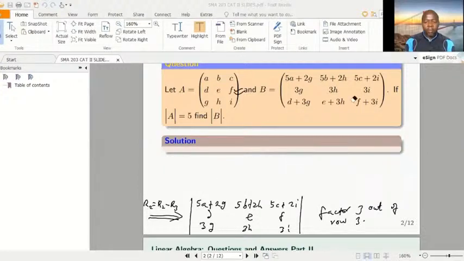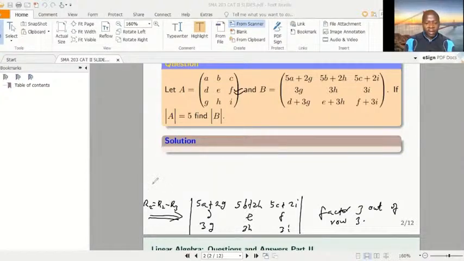And so what we know is that if you have a matrix and you multiply a row by some constant, the determinant of the new matrix will be multiplied by that constant. The original determinant takes that constant.